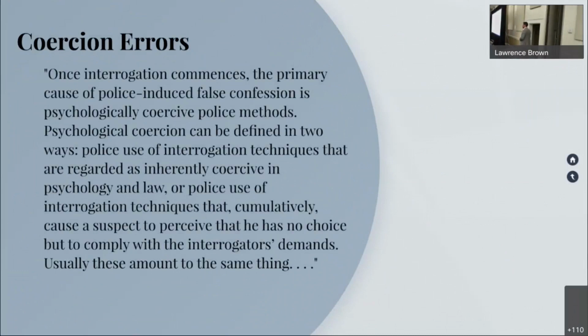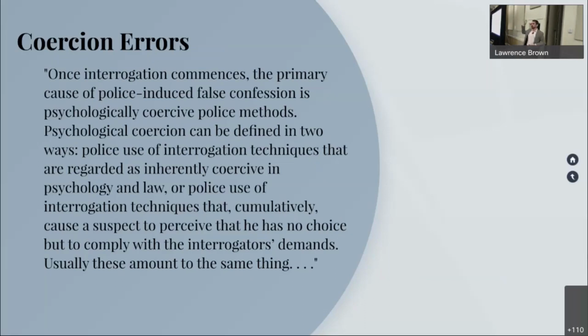Essentially, there are two different types of coercion errors, or at least psychologists can distinguish between two different types of coercion errors. There's individual coercion, that is one particular thing that is in and of itself so coercive that it leads someone to provide incorrect information. Now that might be a confession, yes, I did it, or it might be a false implication of someone else. So don't just think about false confessions, also think about incorrect or false statements or accusations that implicate someone else.